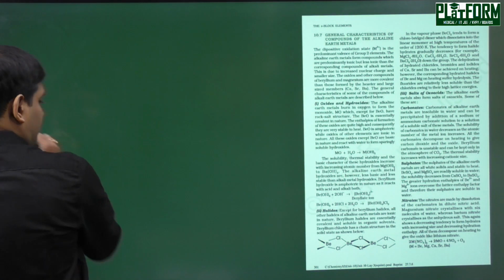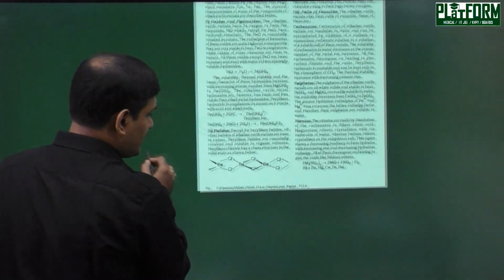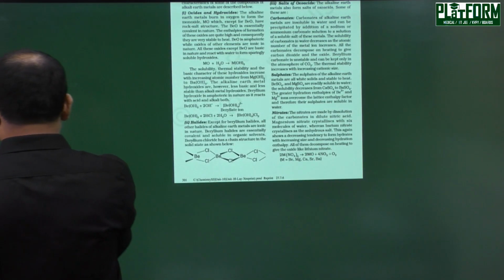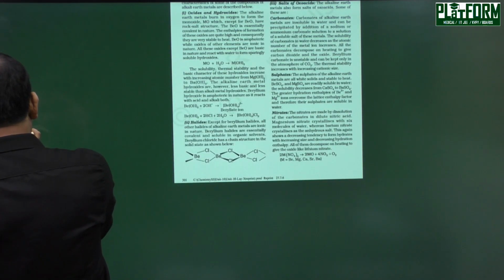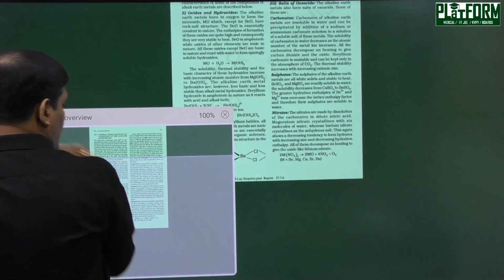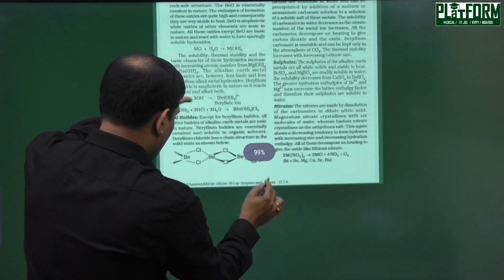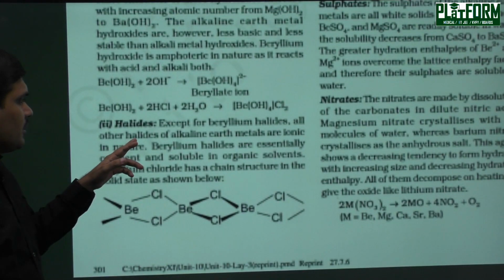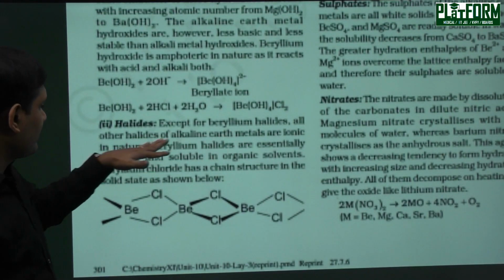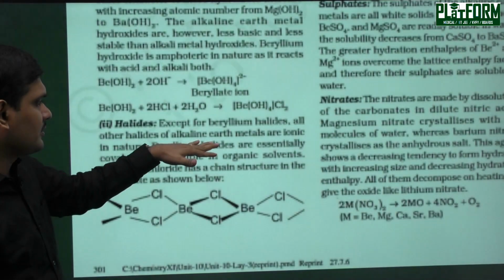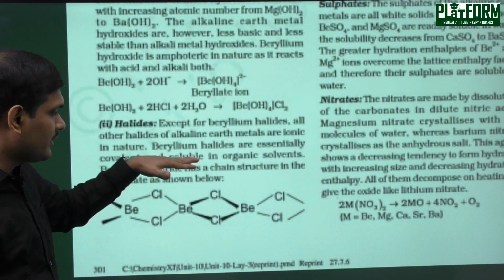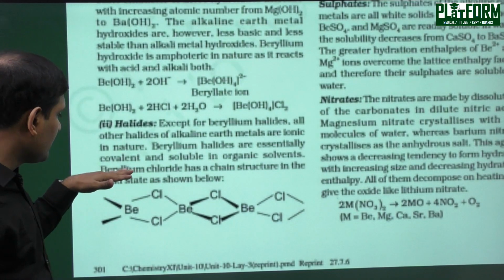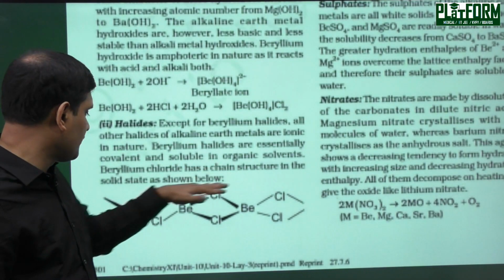If I go to page number 301 in the NCERT text, you can find out that except for beryllium halide, all other halides of alkaline earth metals are ionic in nature. Beryllium halides are essentially covalent and soluble in organic solvents.